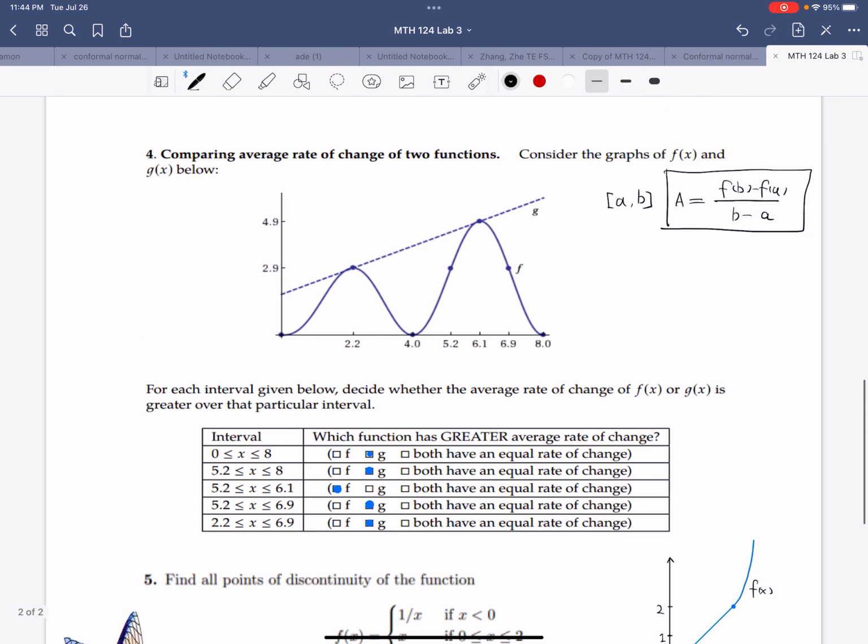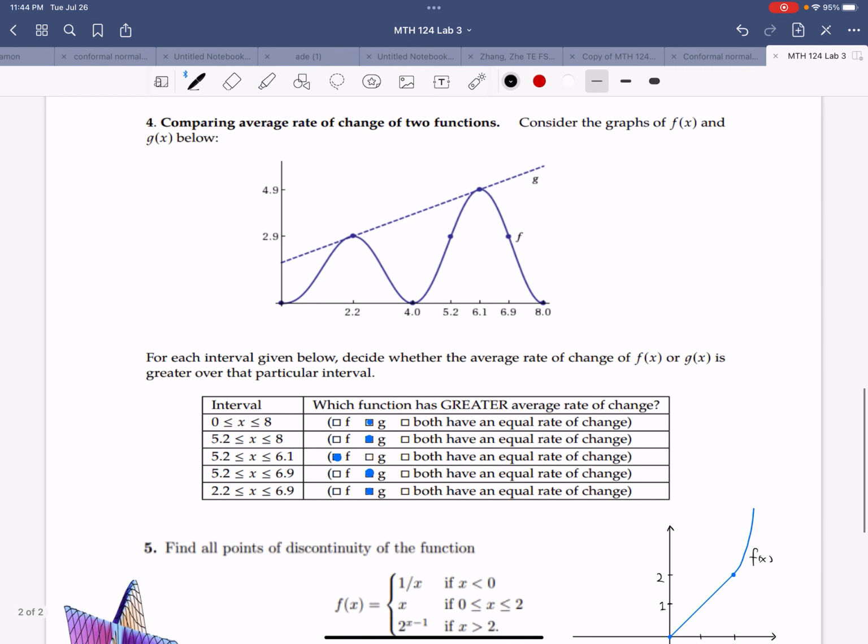For example, for x from 0 to 8, if you look at the f function at these two ends, you get both 0, so the average rate of change for f is 0. But g has a constant slope, so its average rate of change doesn't depend on which interval you choose, and it's a positive constant, so that means g is larger.